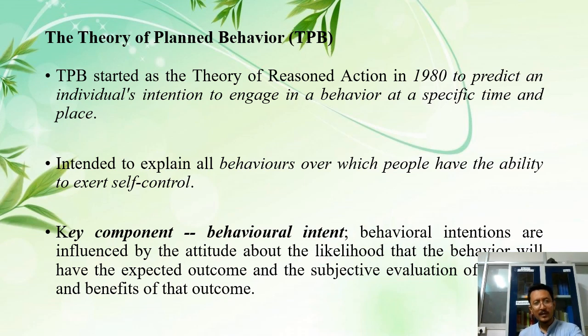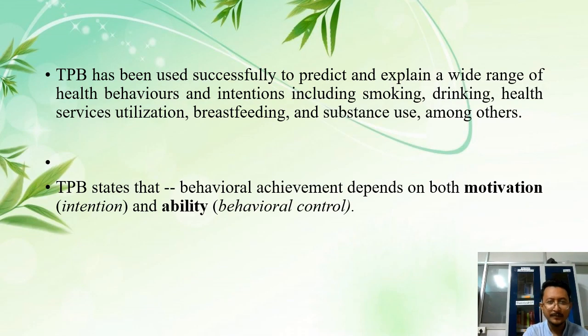So a person will carefully examine the expected outcome, expected benefits, and the possible threats that it might pose. After careful evaluation of all these factors, there is an intention of an individual to behave in a particular way. So this is what the theory of planned behavior says.